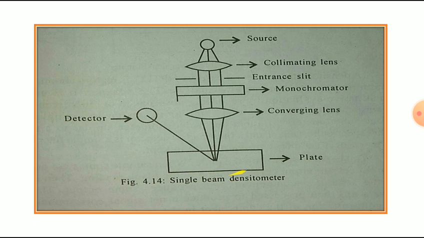But if there is no separated component observed on the plate, then the instrument shows the blank reading. When the reflected light of the sample component, or the fluorescence, falls on this detector, the detector will detect that light and give the characteristic, or you can say net signal, and record it into the recorder as the chromatogram of each and every sample component.